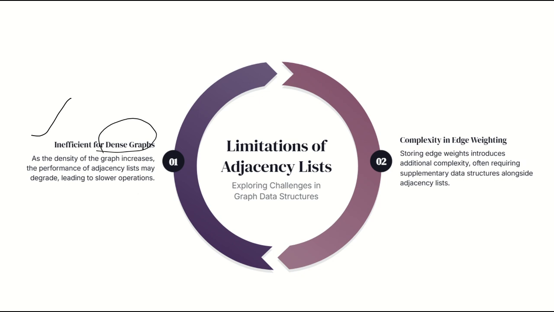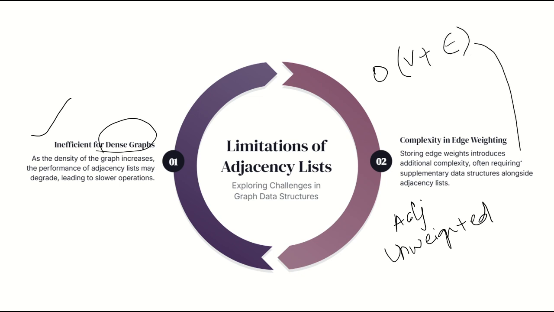And we have also discussed that the adjacency list is best for unweighted graphs. Now if a weighted graph comes into the case, I'm not saying we can't do it with an adjacency list, we can represent weighted graphs using an adjacency list also. But as we have discussed, the space complexity will be order of V plus E for unweighted graphs.